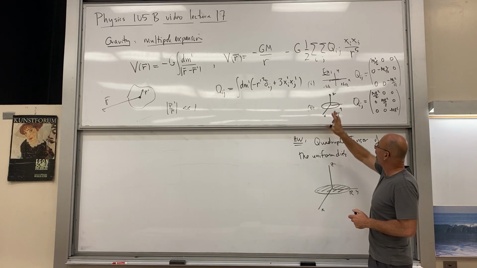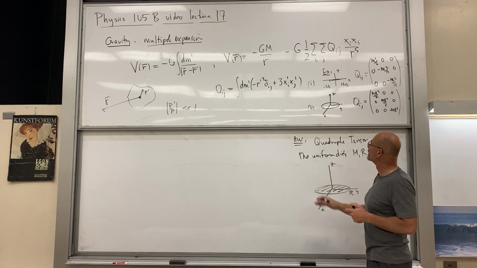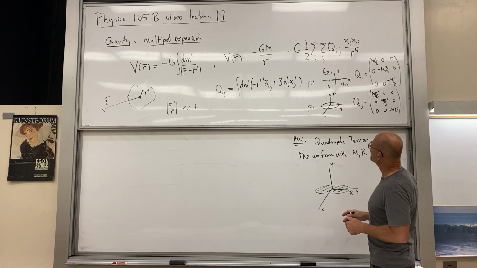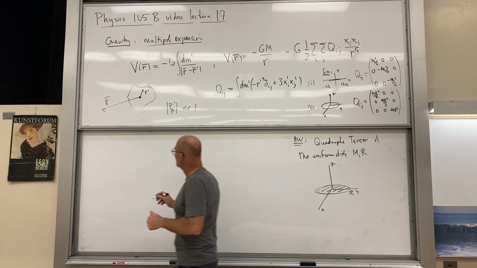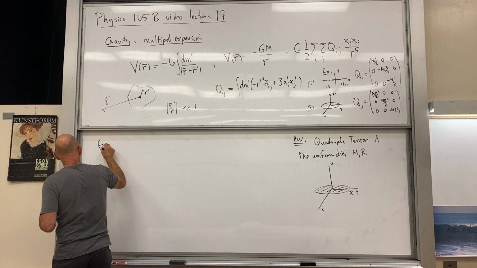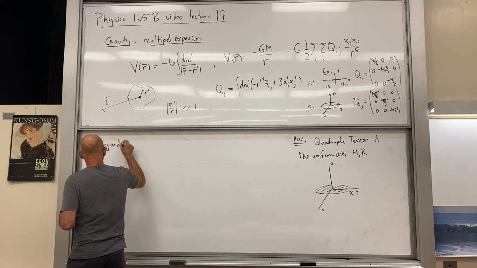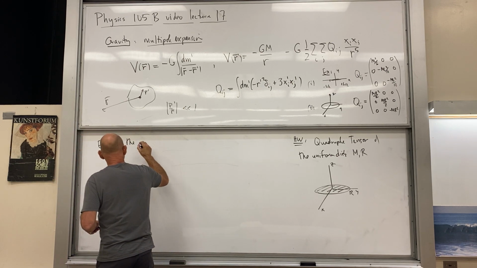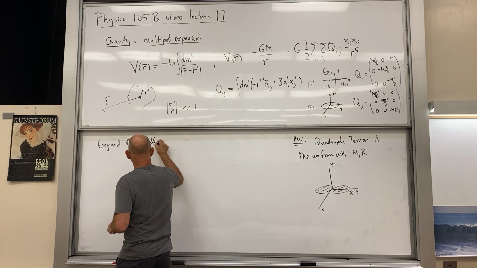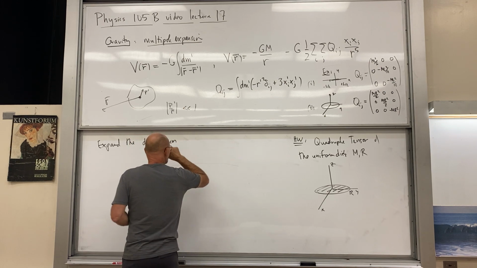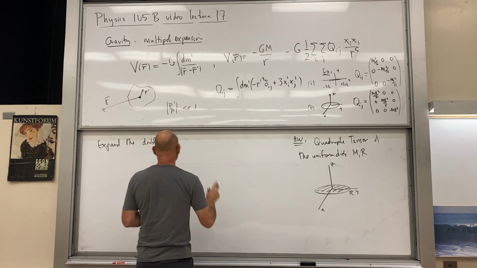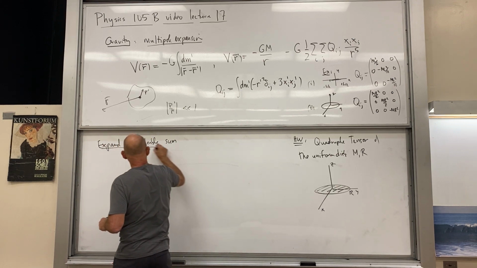And what I want to do now is just write this thing out and expand it out carefully. So we want to expand out that double sum. And good, we'll do that first. I have a couple of things in store for us.